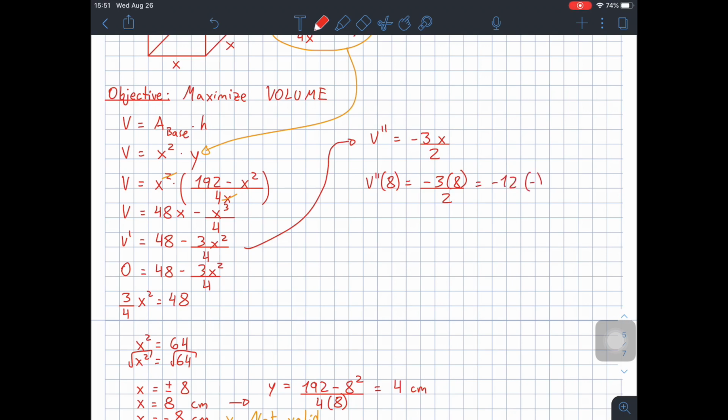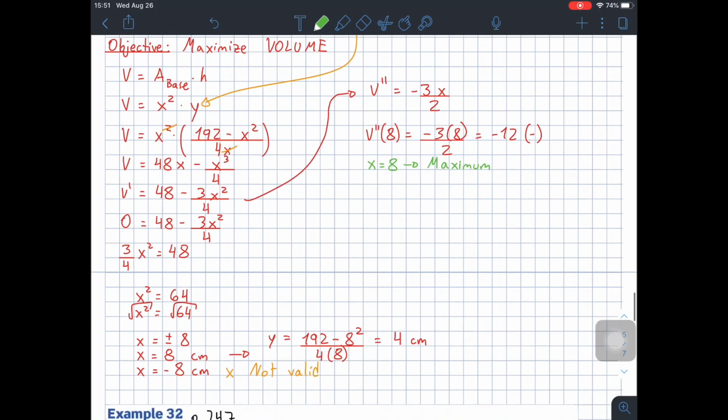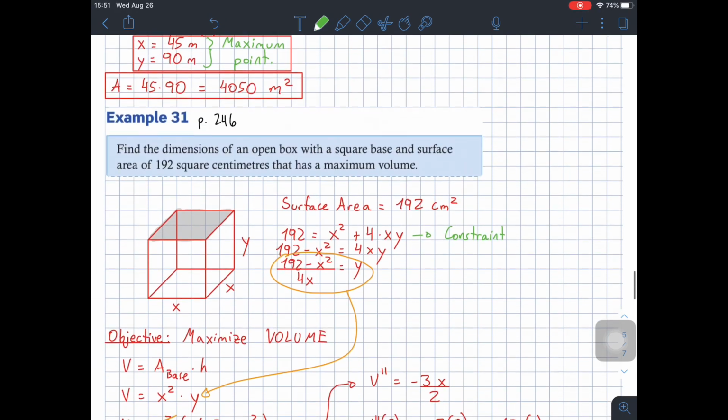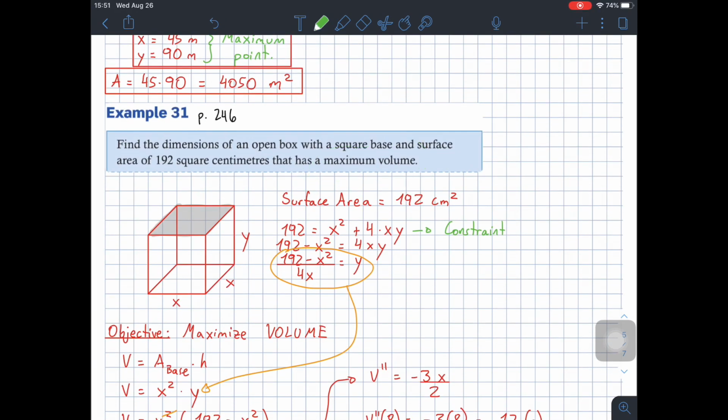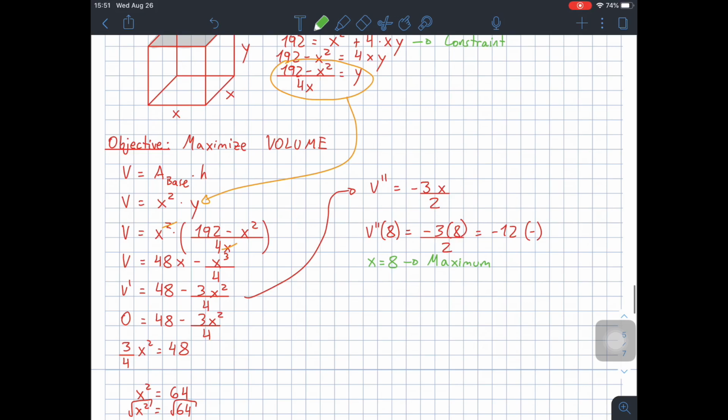So we see that we get a negative number. And as we get a negative number, we can conclude that x equals 8 corresponds to a maximum, right? So with this result, we confirm that x equals 8 and y equals 4 is actually producing a maximum volume, which was our objective for this problem, okay?